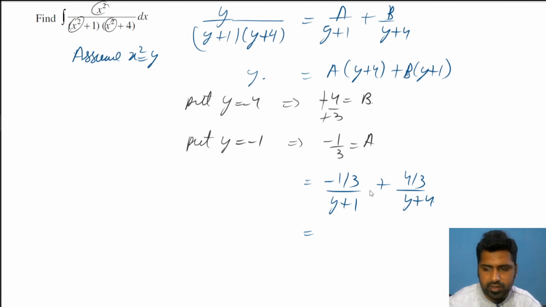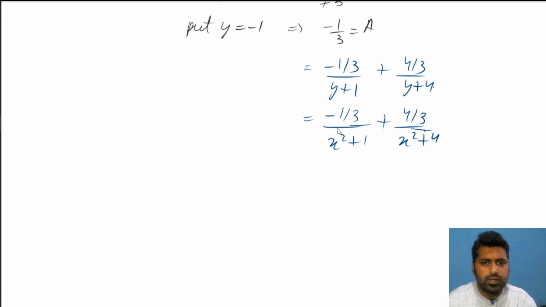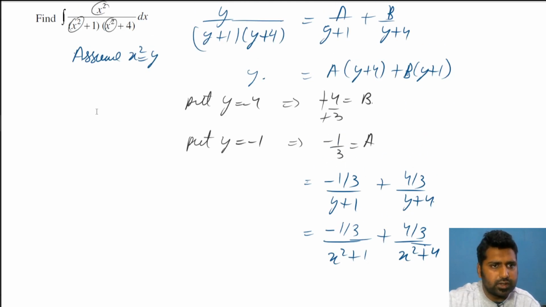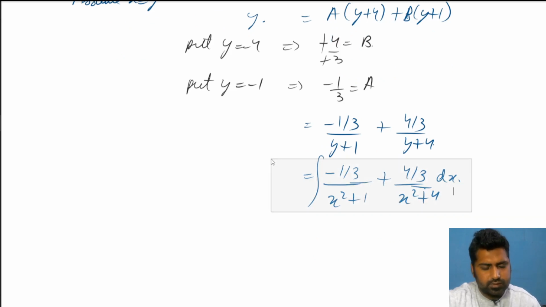So let's first of all replace y with x square. So this becomes minus 1 by 3 upon x square plus 1, plus 4 by 3 again upon x square plus 4. So this question is actually this in two parts. I think you can solve this, because now you have to integrate with respect to dx. So now copy this and let's solve it.